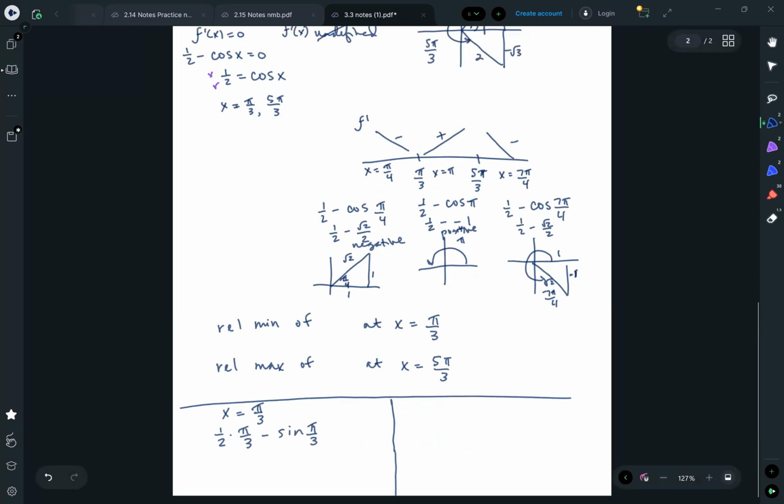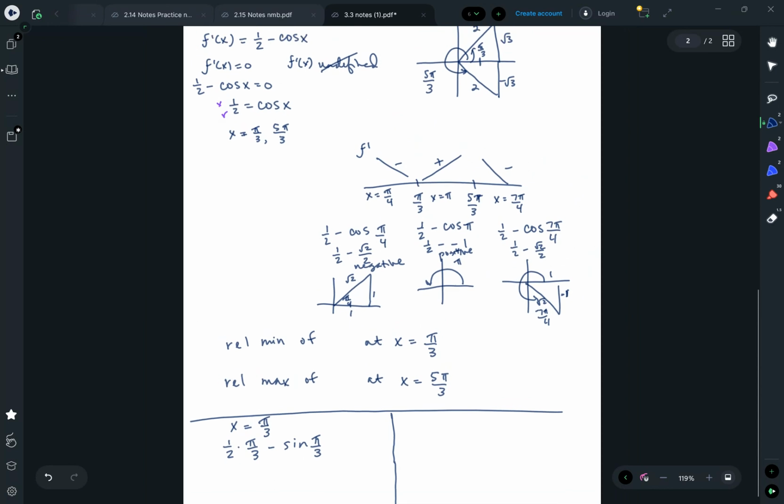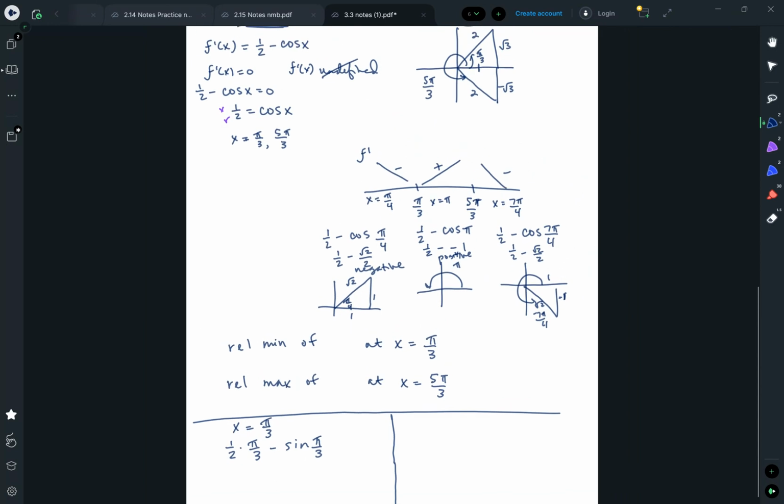And if we go back to where we have a pi over 3 drawn, sine of pi over 3, here's my pi over 3 picture up here. And sine is my y over r, so it's root 3 over 2. So this is going to be pi over 6 minus root 3 over 2. Multiply by 3 on the top and bottom. And I would have pi minus 3 root 3 over 6.